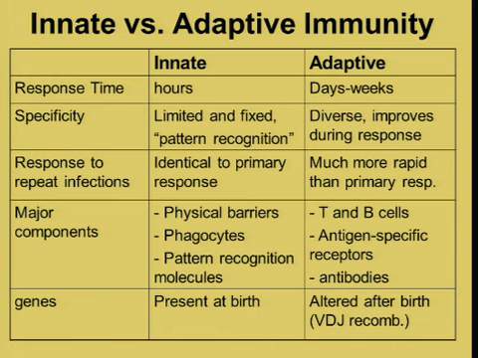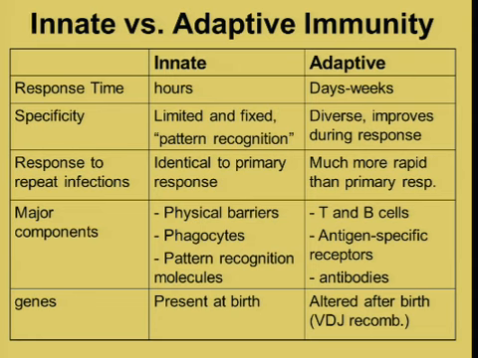The key difference is that the adaptive immune system improves during the response, whereas the innate immune system is limited and fixed. You don't create novel specificities like you do for the acquired immune system. The strength of the response is usually identical to the primary response, whereas an adaptive response is much stronger than the primary response. And these are the components associated with these two different branches of the immune system.